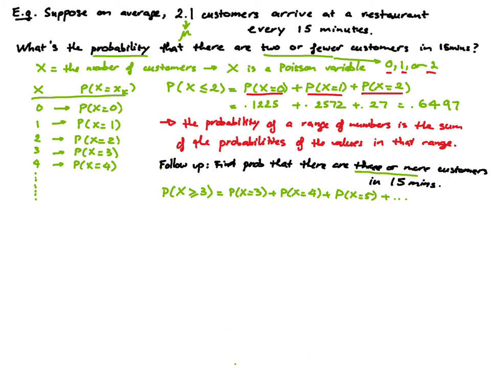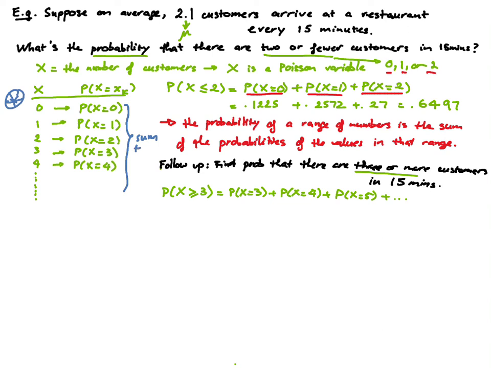How do we actually approach this problem? Let's remember that this is a probability distribution, right? This table right here. And so for a probability distribution to be valid, the sum of all the probabilities has to be 1. Right?